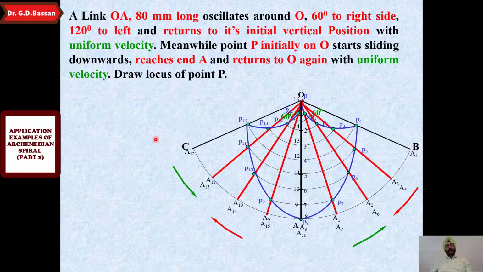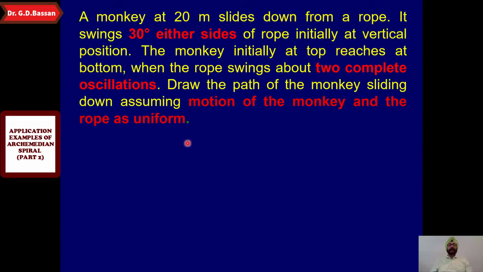Now we can go for one more example, that is: a monkey at 20 meters slides down a rope. It swings 30 degrees on either side of the rope, initially at vertical position. The monkey, initially at the top, reaches the bottom when the rope swings about 2 complete oscillations.